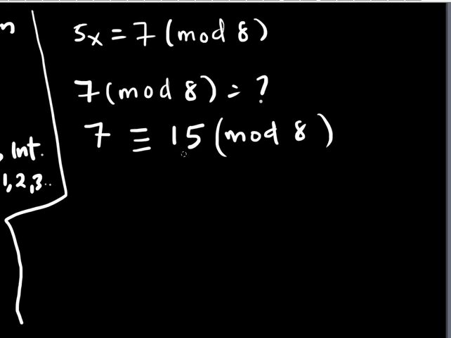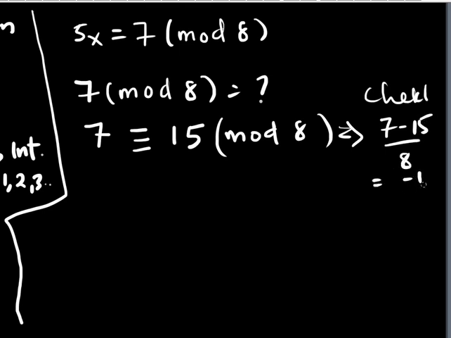Why are we interested in 15? Because 15 is a multiple of 5. We can see that if we add 8 to 7 we get 15. If we subtract, we see the difference is a multiple of 8. Another way is to check quickly: 7 minus 15, divided by 8, gives minus 1, and that passes, because it gives us an integer.